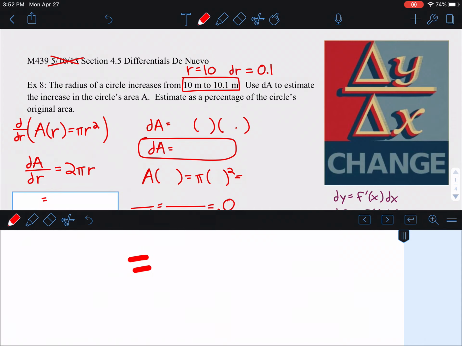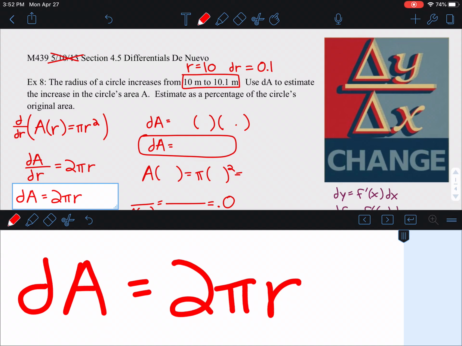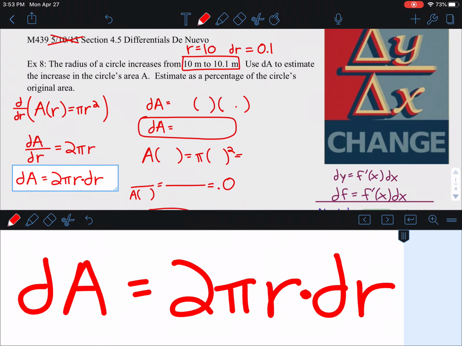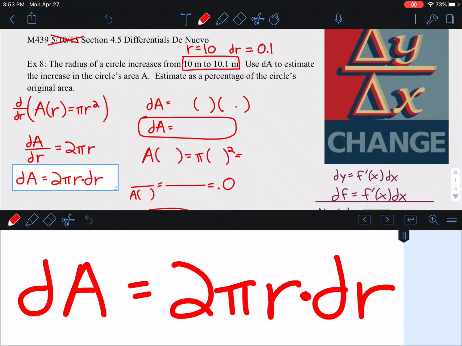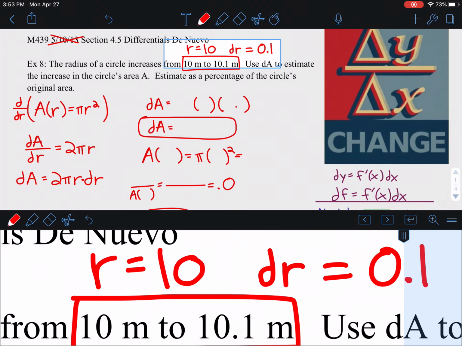And now I'm going to multiply the dr over to the other side. And so I get 2 pi r times dr. I will put a little dot there just because r dr looks a little weird. Okay, so now I have the formula for the differential for the area. And now we're going to do what we did last section. So I know my initial r value. r is going to be 10, and then it is going to increase by 0.1 meters.